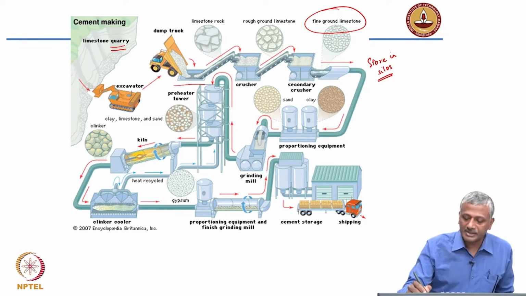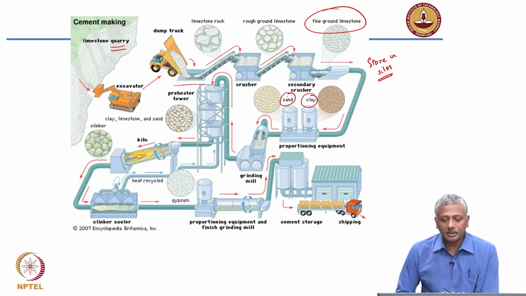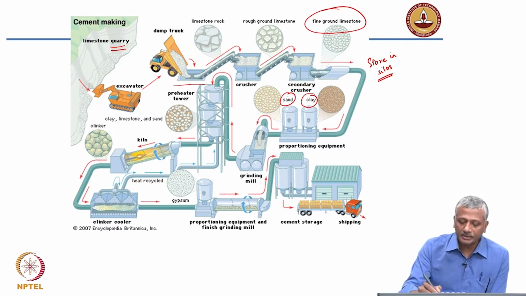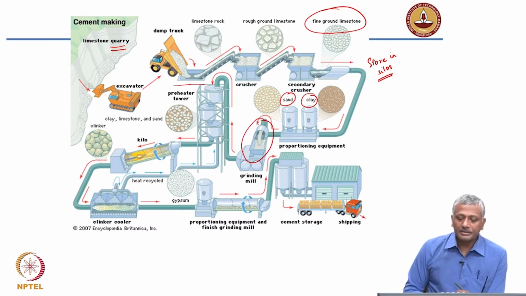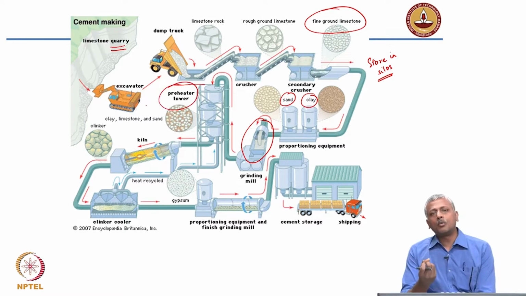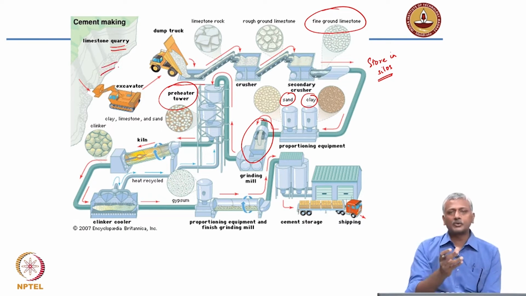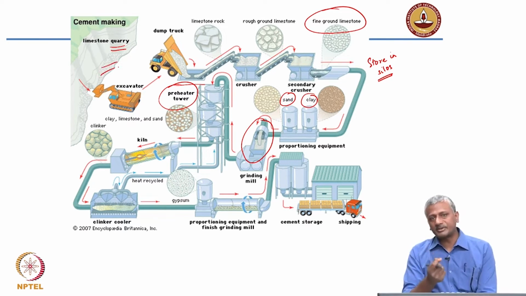You also have storage silos which have clay and sometimes sand, depending upon the silica content that you want. You do all the proportioning, and sometimes you grind the material together with the limestone and then send it to what we call a preheater. Limestone is extracted from the quarry, and in the quarry the stone is not going to be exactly dry, there will be some wetness in it.